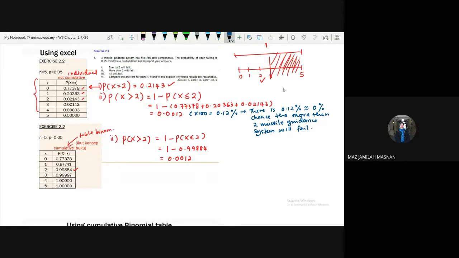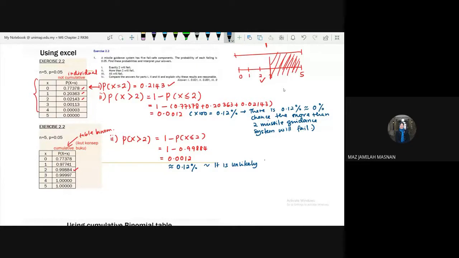The other one, not talking about chance: in this one you will get 0.12%. Because the probability is near to 0, you can say it is unlikely.